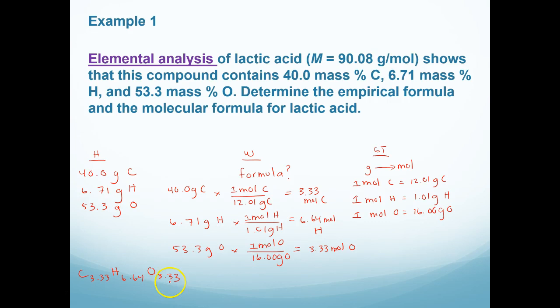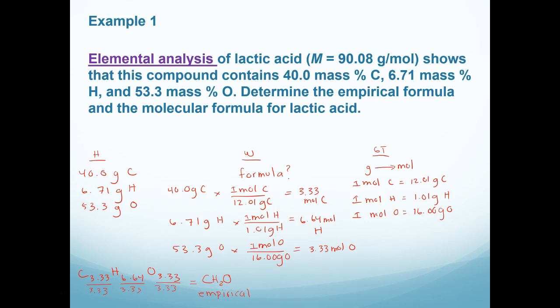So what we'll do is we'll divide by whatever number is the smallest. So divide by 3.33 for every single one of them. So we have to divide by the same number. And when we do that, we just get CH2O. So this is our empirical formula.